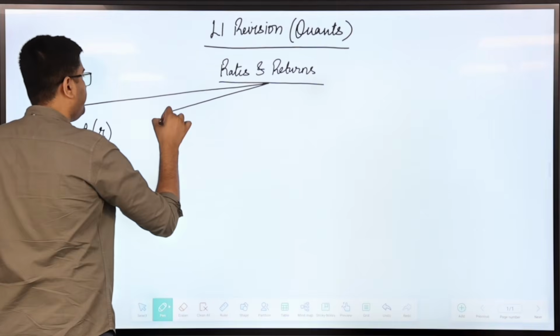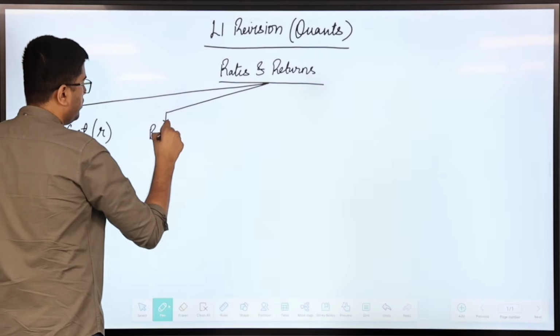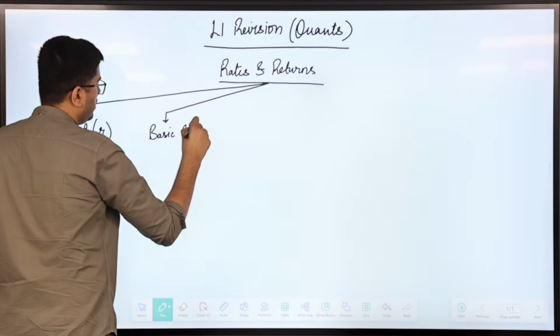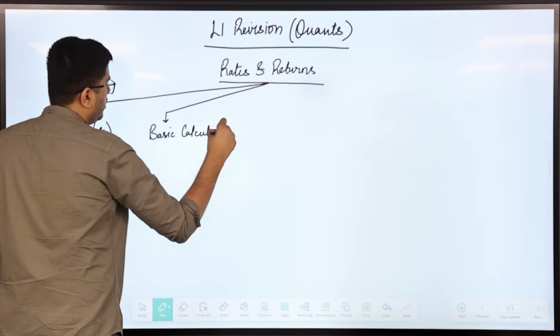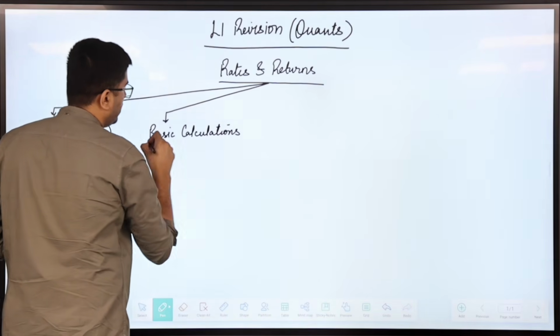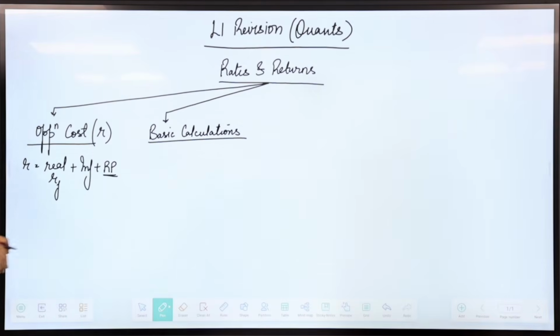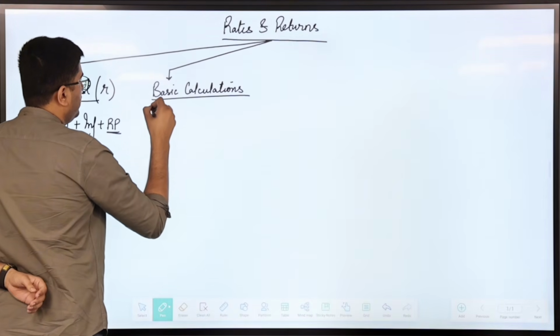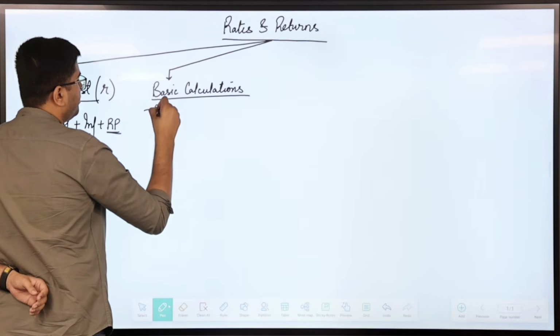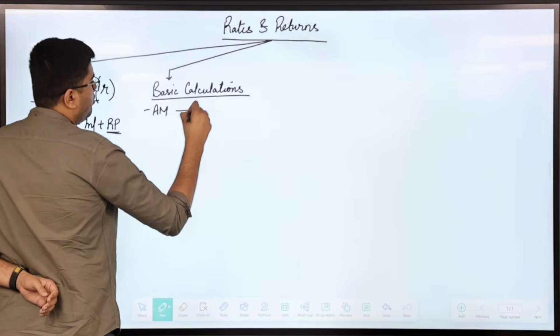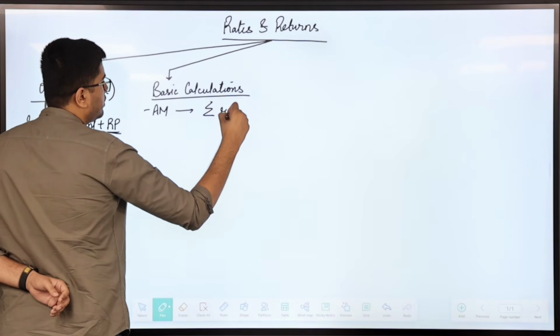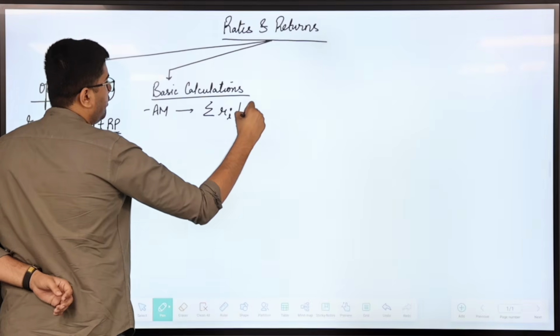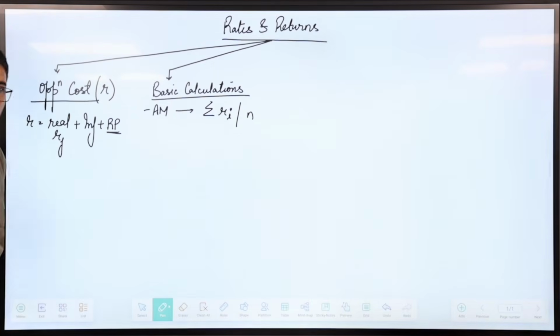Then we have some basic calculations for calculating the rate of return itself. Here, firstly, we cover arithmetic mean, which is simply sum of returns divided by number of years.